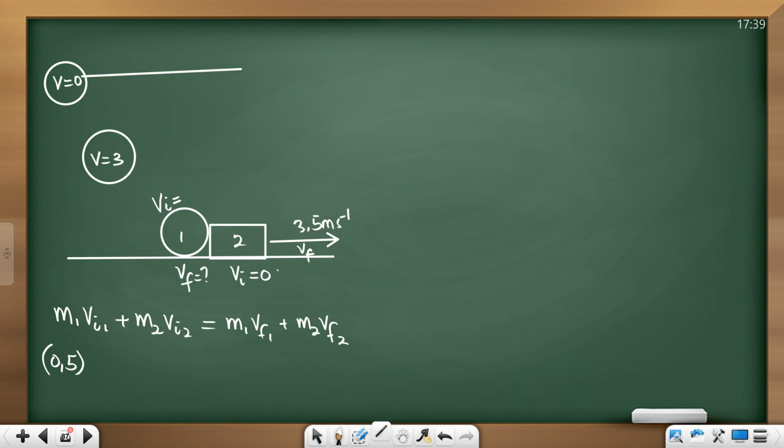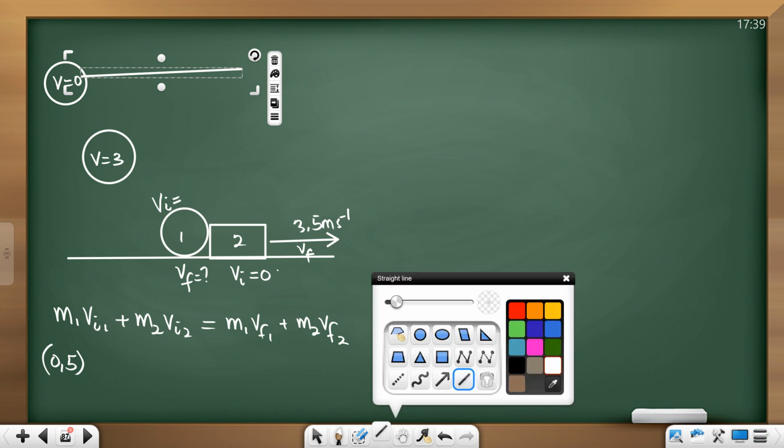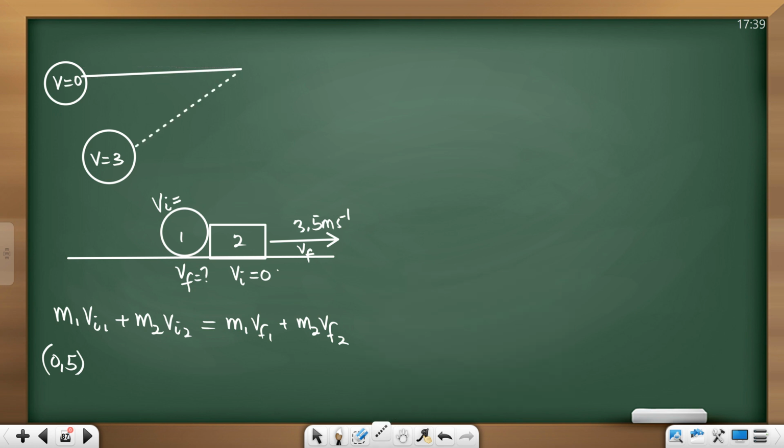So the object keeps moving. I'll use dotted lines to represent this movement. And then there. It makes sense, right? Ah, beautiful. All right. Mandlen Kosi says 3 meters per second. Guys, do you agree with 3 meters per second? Lane, you agree with 3 meters per second?